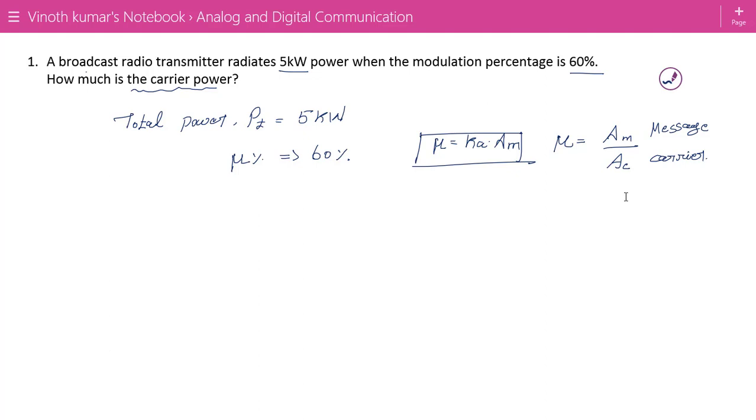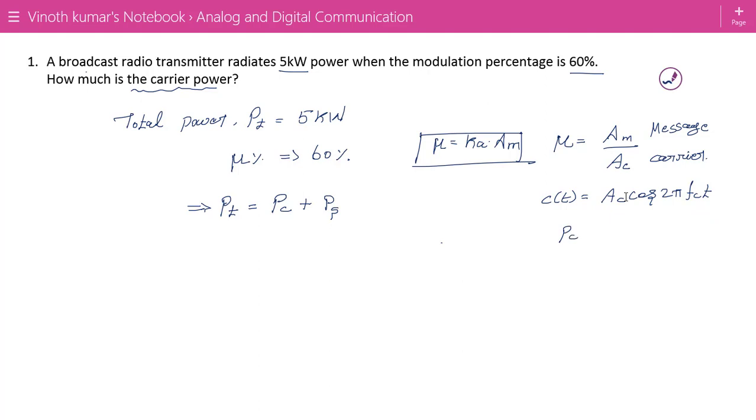So the total power of amplitude modulated wave, that is expressed as PT, is equal to the power consumed by the carrier and the power consumption by the sidebands. So the carrier signal is expressed as c of t is AC cos 2 pi fct, that is nothing but omega ct.